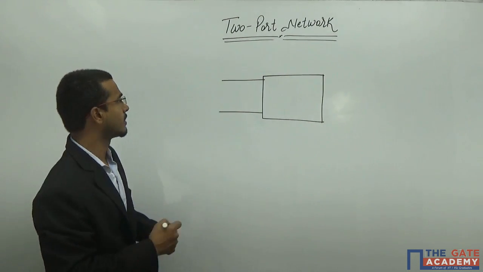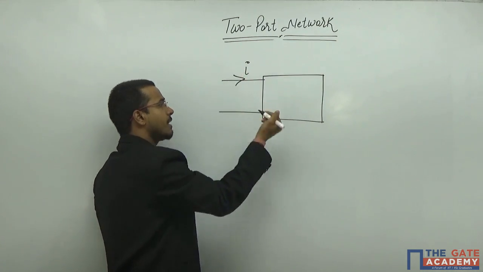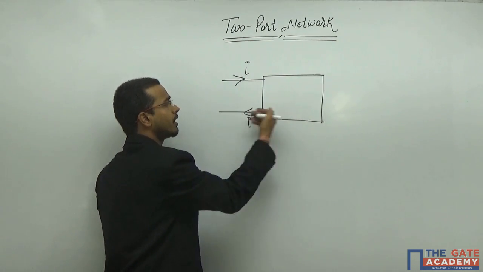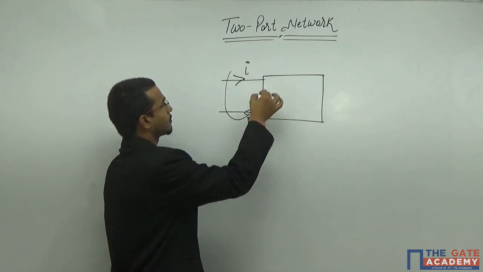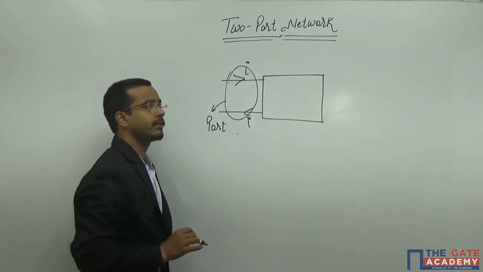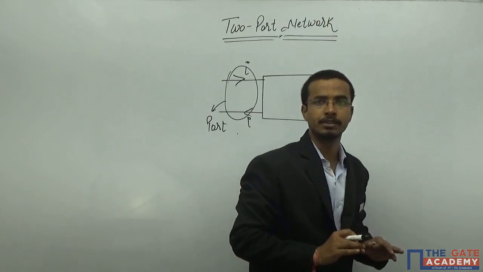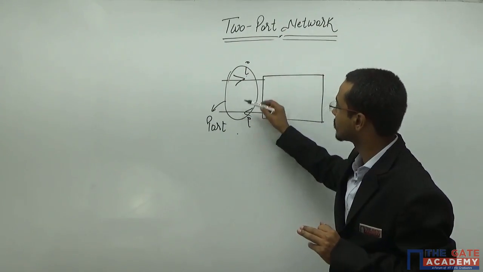And that condition is, if you pump the current I from this terminal, the same current I should come out from the other terminal. Then only you can claim that this pair of wires is your port. Otherwise, that is just a pair of terminals, not a port, if they are not satisfying this particular relation.